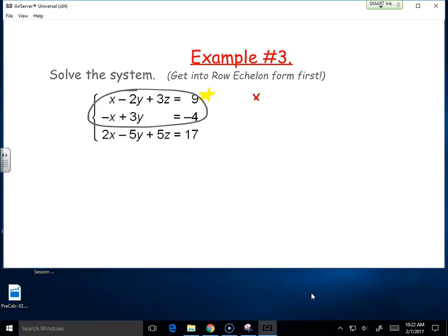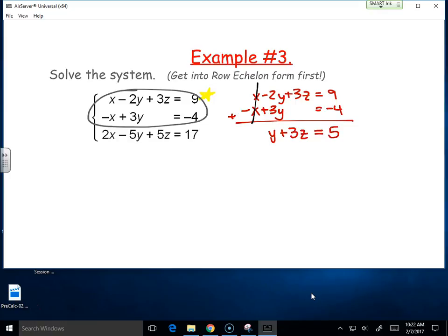We have x minus 2y plus 3z equals 9, and negative x plus 3y equals negative 4. What am I doing to the first two? Eliminate, right? So what do we get? y plus 3z equals 9.